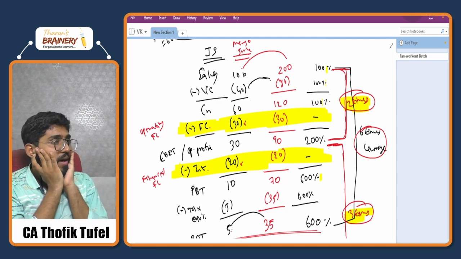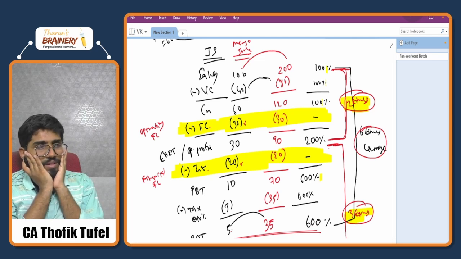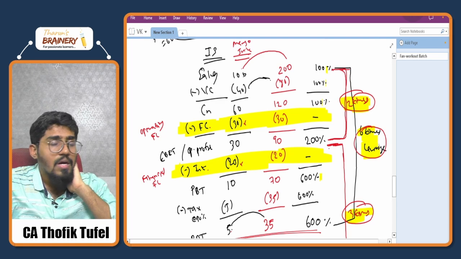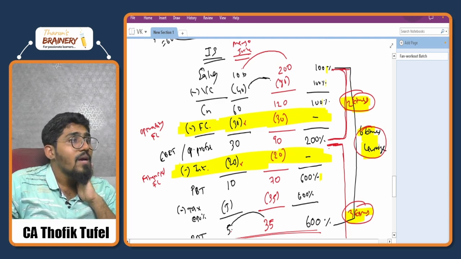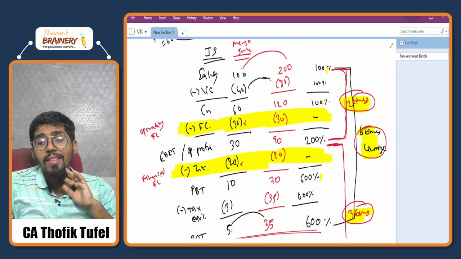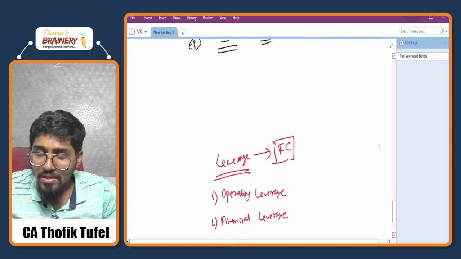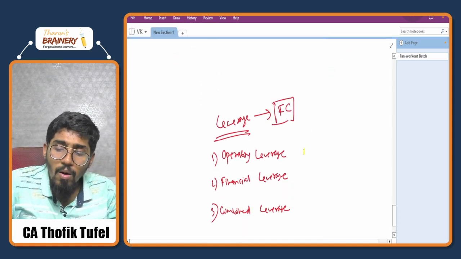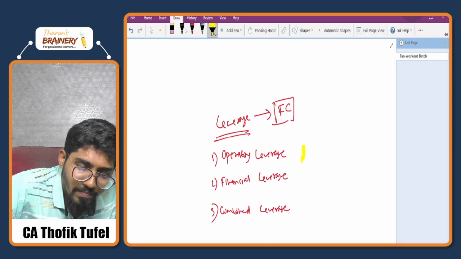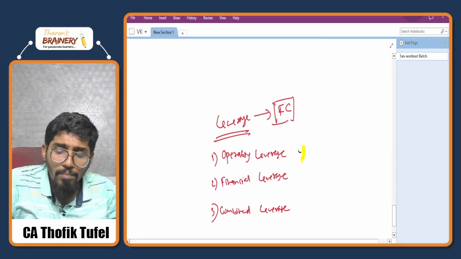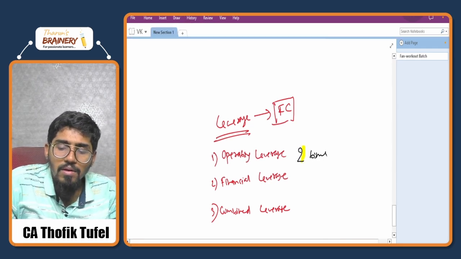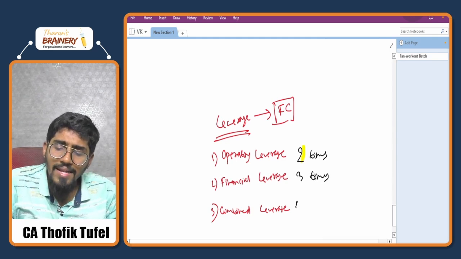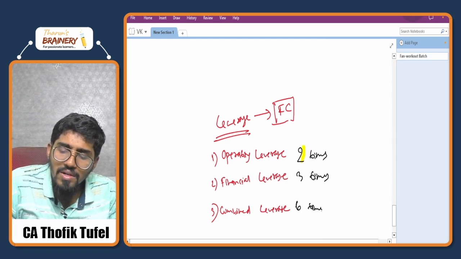Are you all with me? So I have an operating leverage of 2 times, a financial leverage of 3 times, and a combined leverage of 6 times.